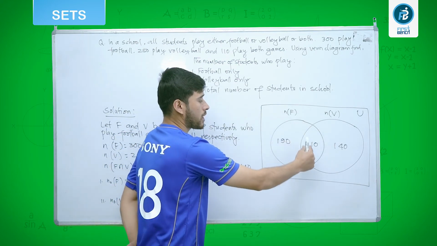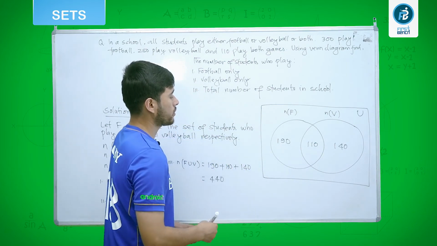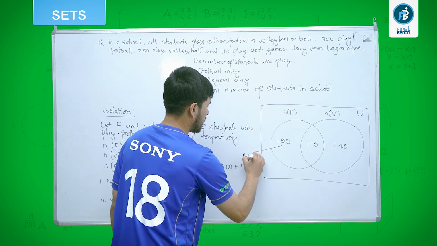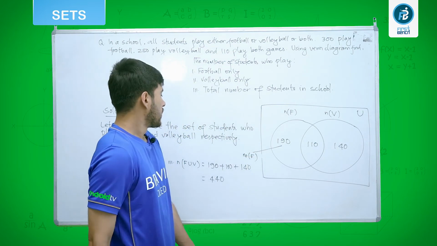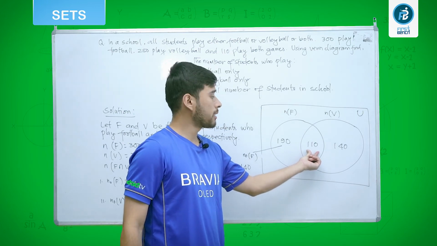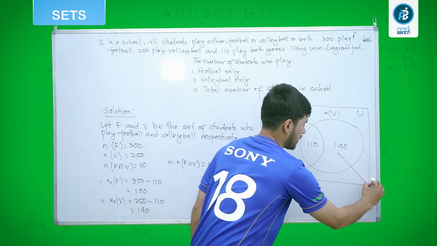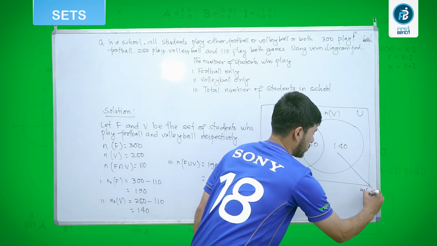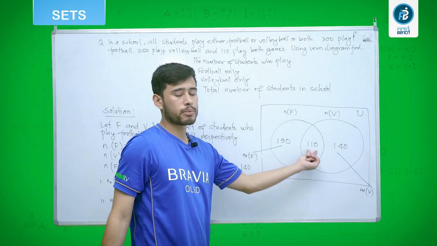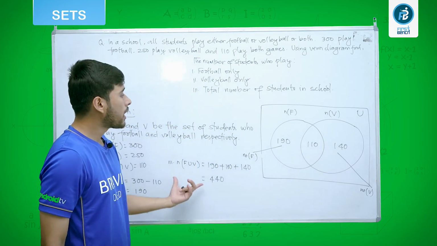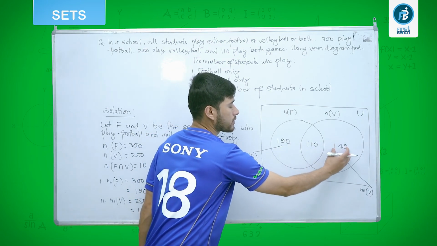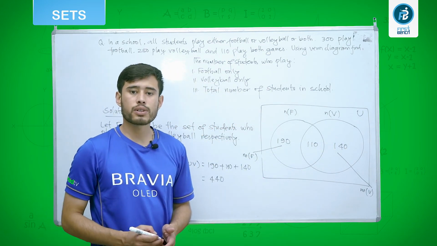Among 300, if we subtract 110, we get the number of students who play football only, that is called NOF. Among 250 students, if we subtract the common students who play both games, we receive 140. This is called the number of students who play volleyball only, and 110 is the number of students who play both games. Now, to find the total number of students, we add all these students, which gives the total number of students in the school.